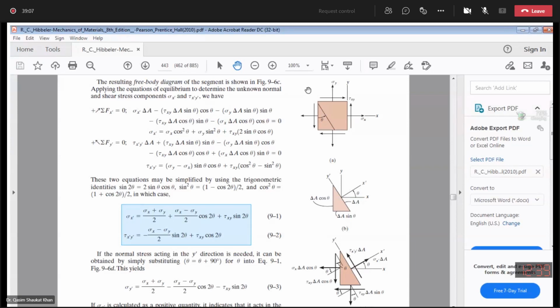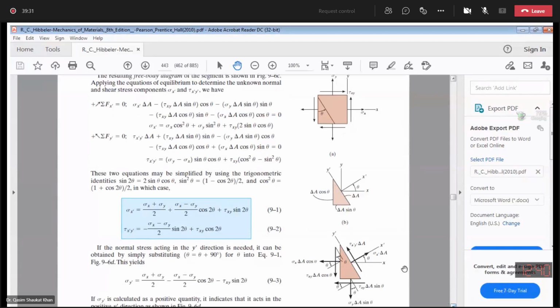So when we cut the section about the y dash axis, we get this section. Now first we resolve the area delta A into its components about the vertical y and x axis. So this is delta A cos theta. This is delta A sin theta.